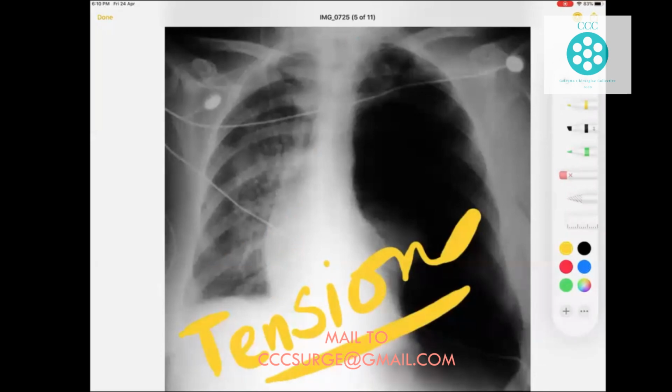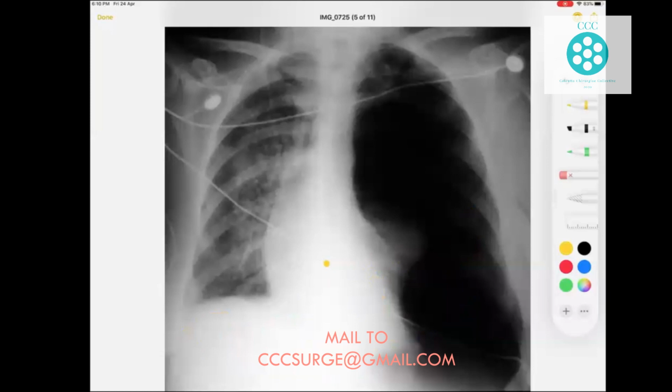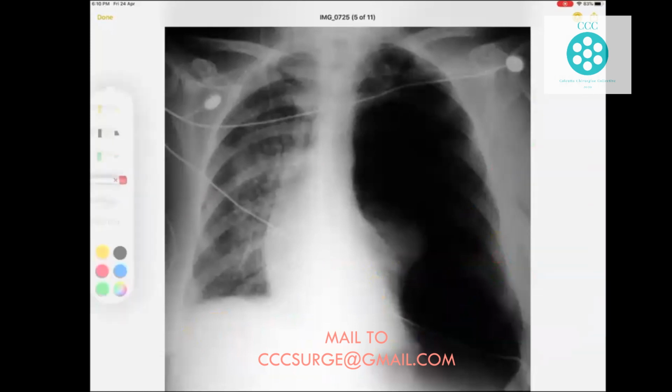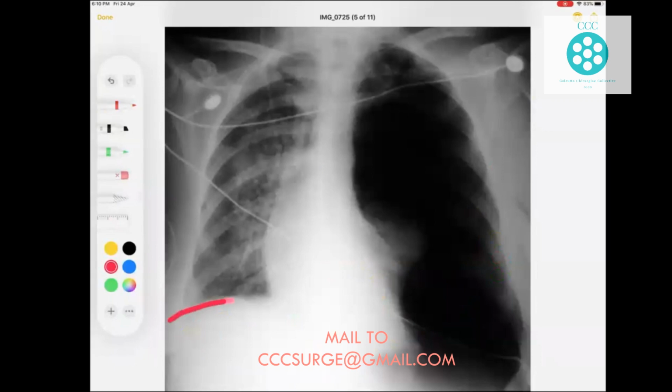And what is so special about this image? See the diaphragm, please. The diaphragm on this side is normal. On this side, can you see the diaphragm? Oh my God, the diaphragm is like this. What is the normal appearance of the diaphragm? It should be convex.